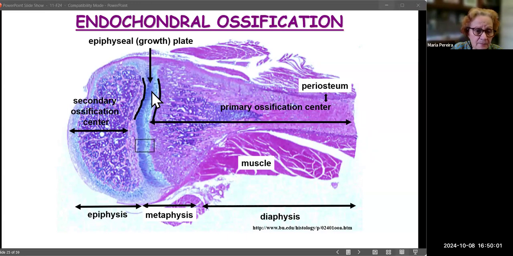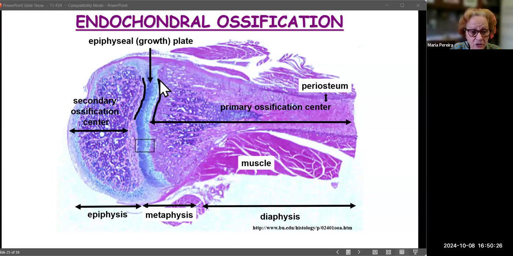While the epiphyseal plate is formed, while you have cells that can undergo mitosis, this bone can still grow. Sometimes it's not a very good idea to operate on bones in children because they still have epiphyseal growth, they still have the epiphyseal plate.